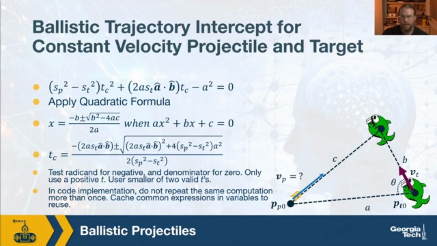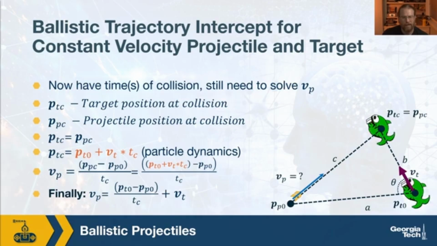All right, so you do all that, and you've got a T value. We still don't know the velocity, and that's the important thing, right? Because that's what we need to pass to our simulation to actually launch the projectile. So we're going to name two new vectors here: the position of the target at collision and the position of the projectile at collision.